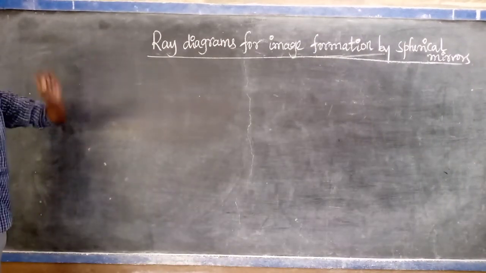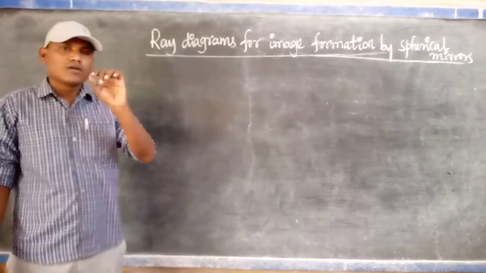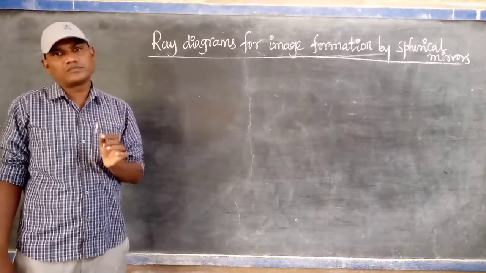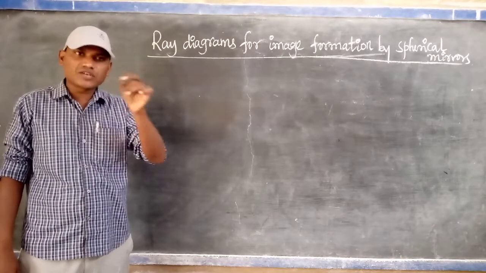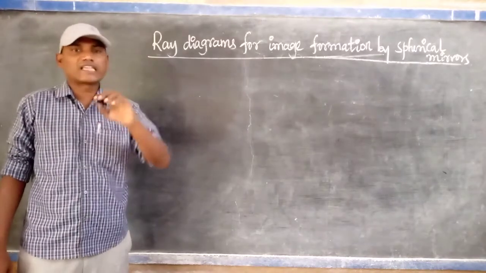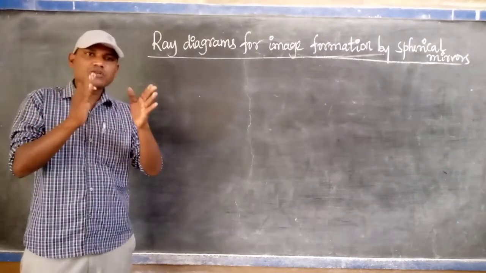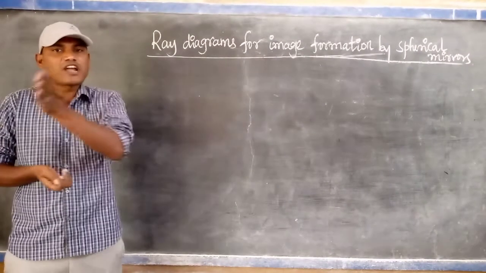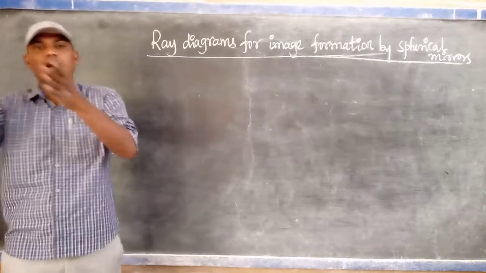These ray diagrams are very helpful to us to find where the image will be formed, which is the position of the image, and what the nature of the image formed by either convex or concave mirrors is, graphically. That means we graphically represent the position and find the nature of the image for a given position of the object when it is placed in front of either a convex or concave mirror.